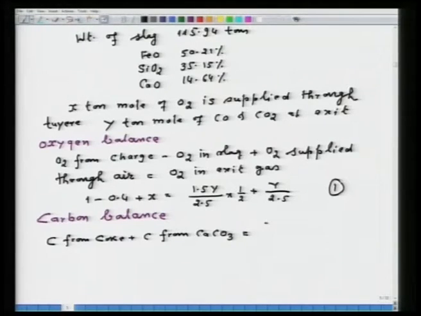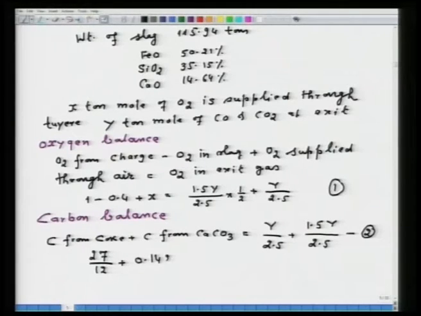So, that will be y upon 2.5 plus 1.5 y upon 2.5, and this is my equation number 2. If I make this equation in kg mole, that will be 27 by 12 plus 0.1425, that is equal to y.